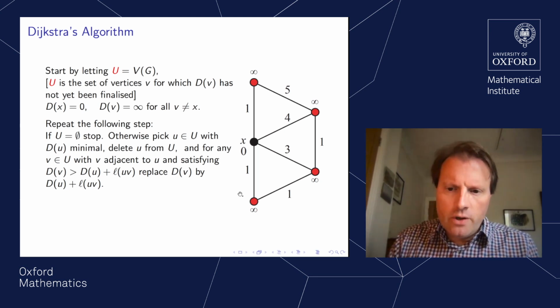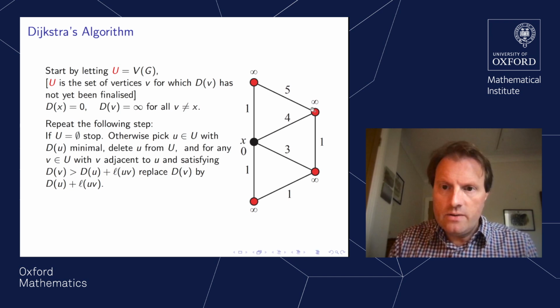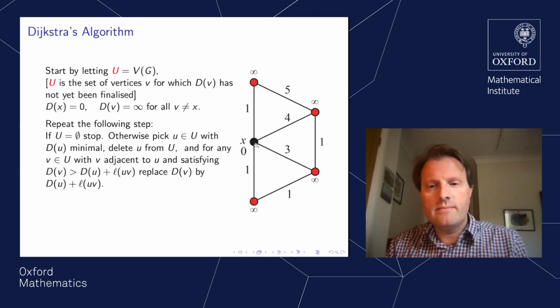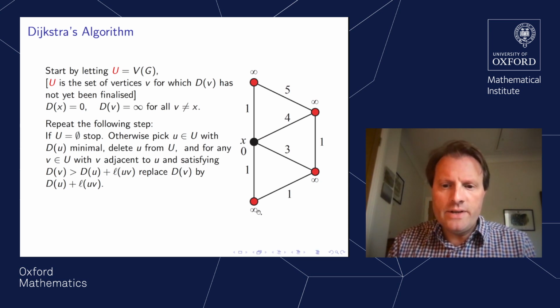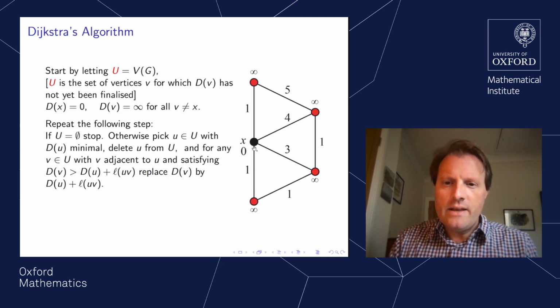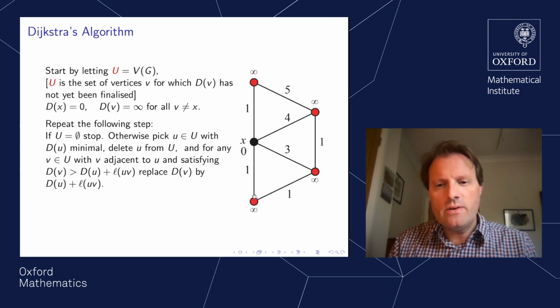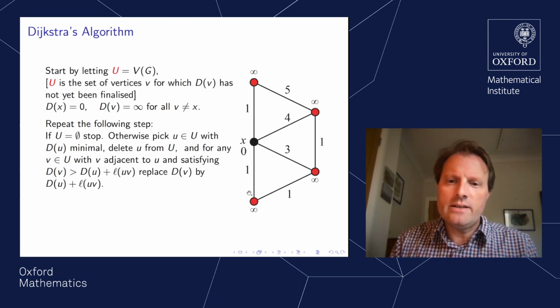So in other words, we should go through each of these vertices that are adjacent to this vertex x, and we ask ourselves, is its current d value greater than the d value of x plus the length of that edge joining x to that vertex?